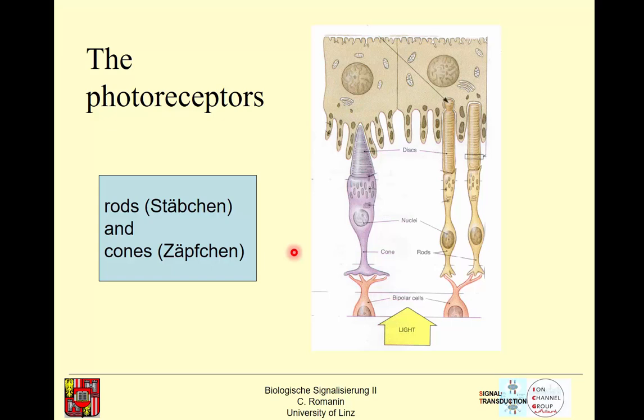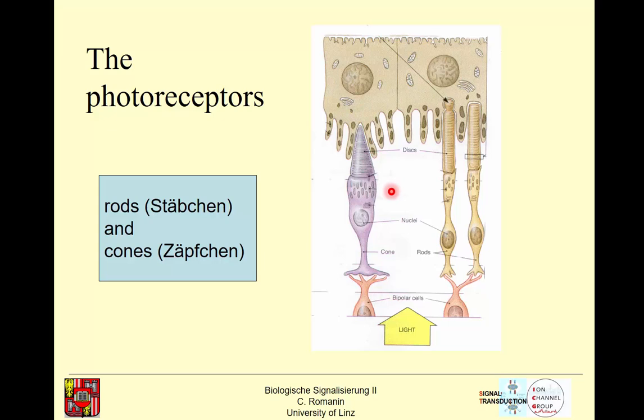When you have a closer look, they have, of course, all the characteristics of a typical nerve cell. They have a nucleus. They have an axon linked via a synapse to the next cells, and in both cases these are the bipolar cells.